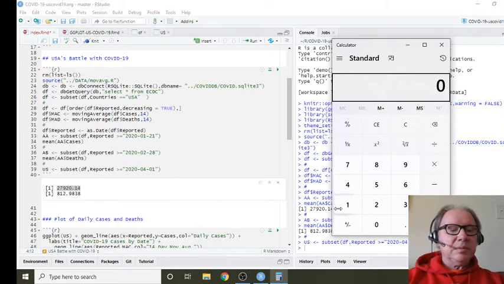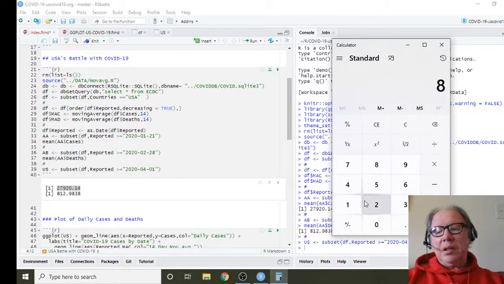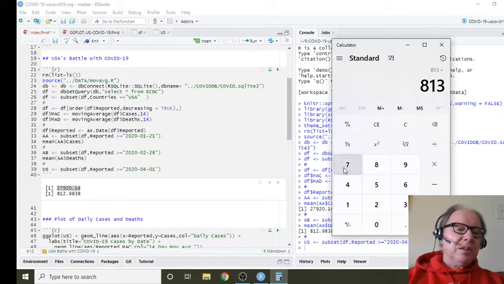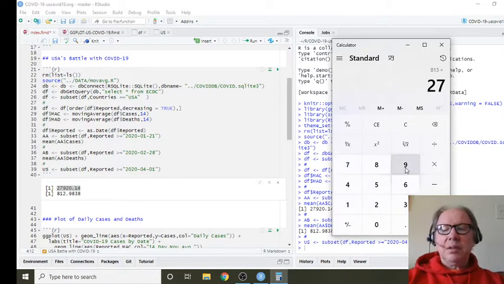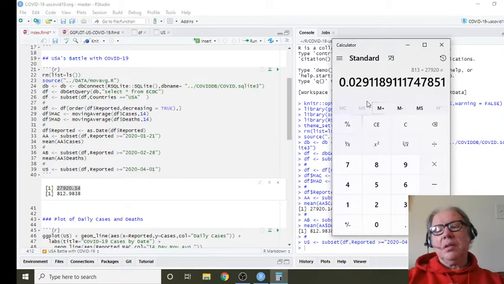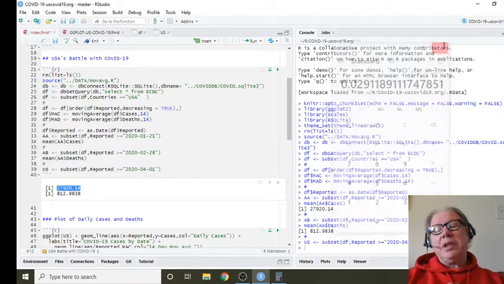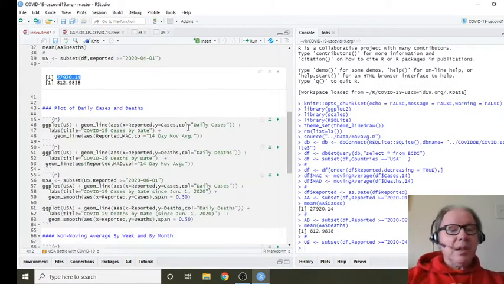Let's see. Let's try 813 divided by... That's a 2.9% death rate.